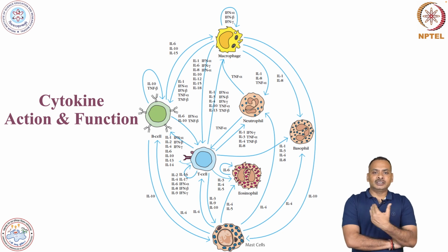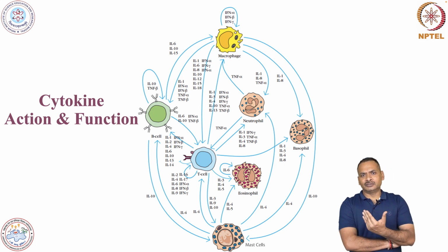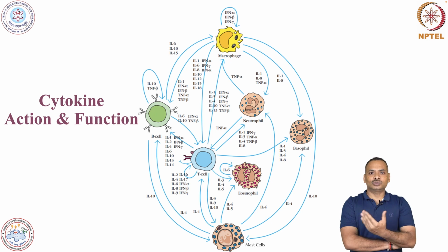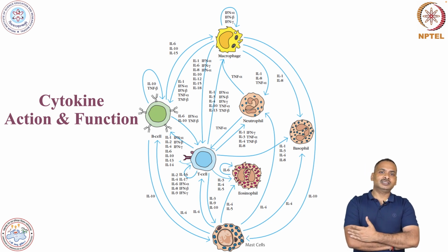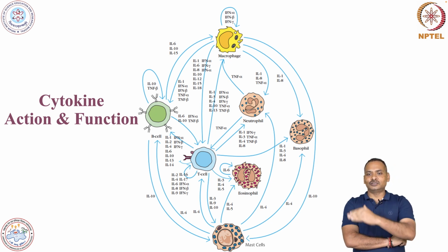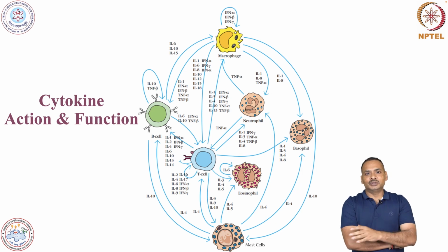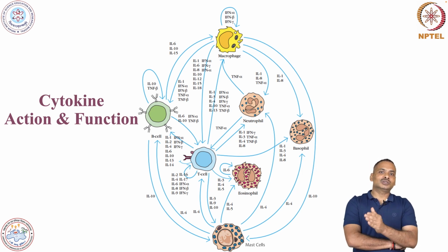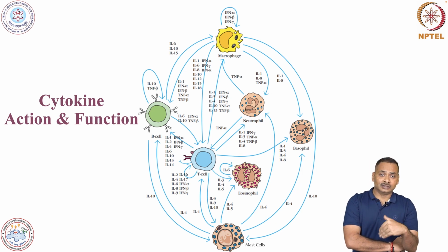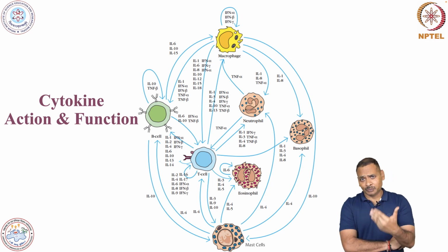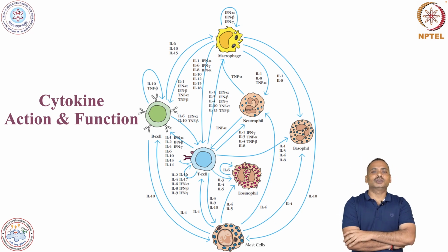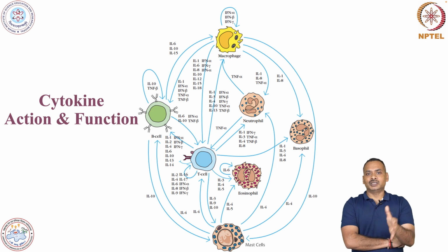So this is a very good example of autocrine action. There is also paracrine action. Here, the rest of all communication between cell to cell, or communication for development of a particular immune response, you can see in this complex network.